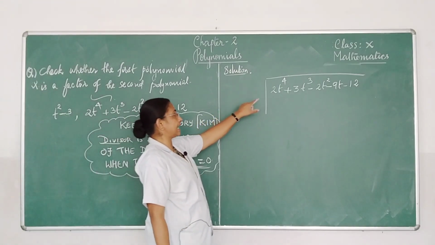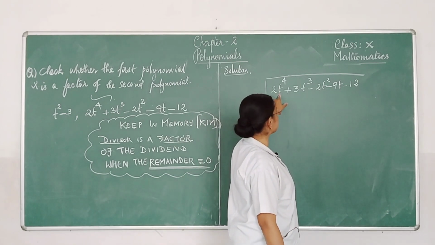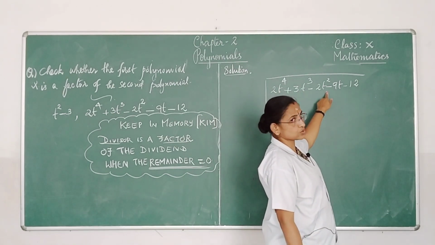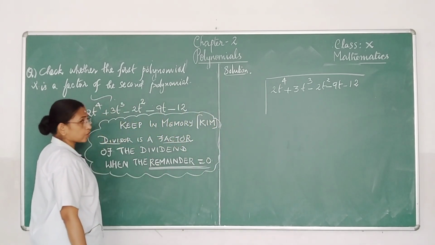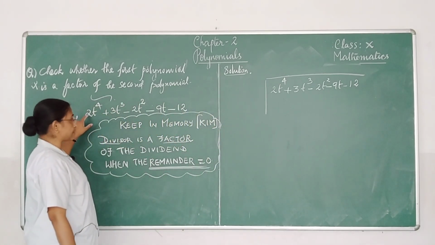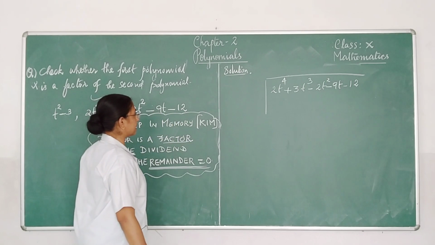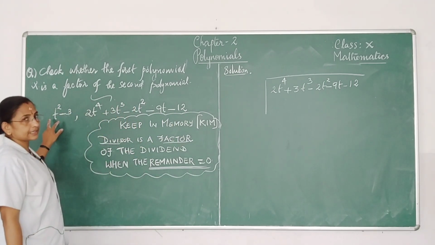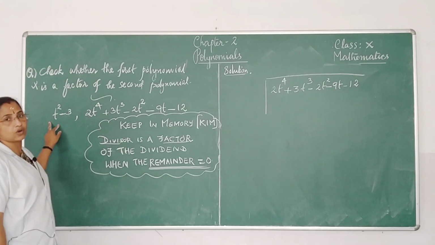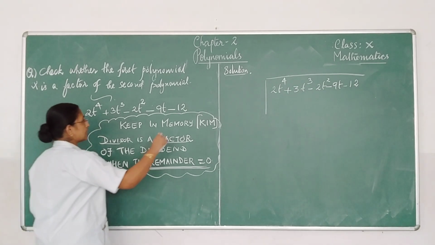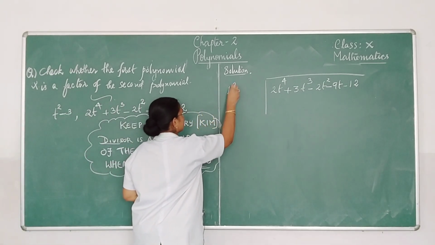I am going to write the dividend polynomial as 2t raised to 4 plus 3t cube minus 2t square minus 9t minus 2. Why? Because the dividend polynomial has the highest power. But before writing the divisor polynomial, you need to check whether it is in the standard form or not. Means that t square term at first.